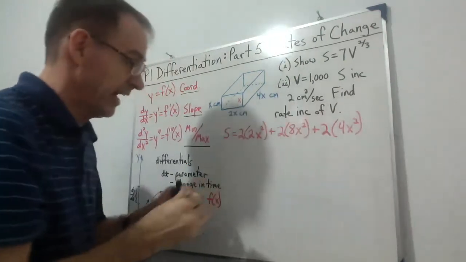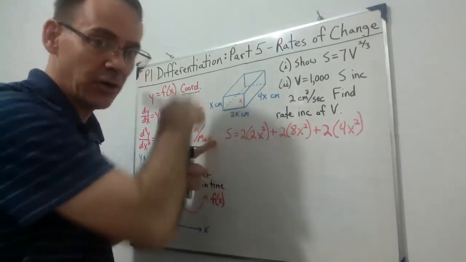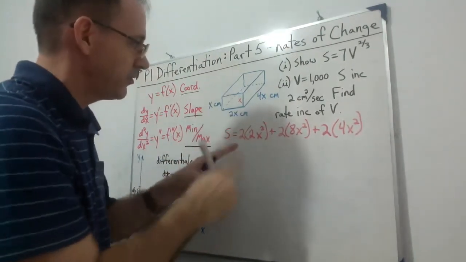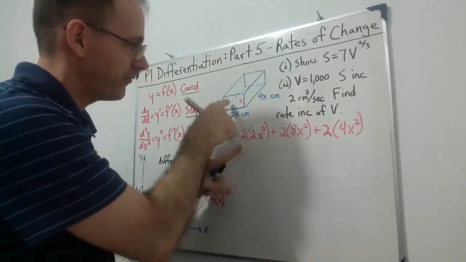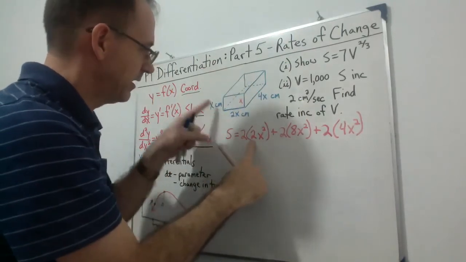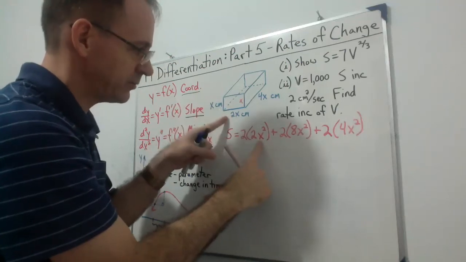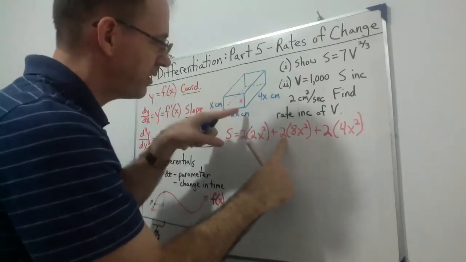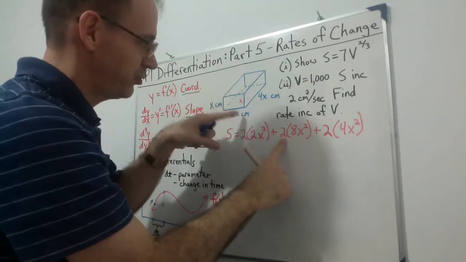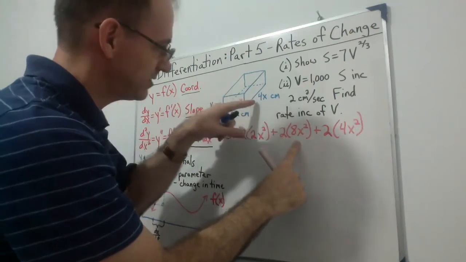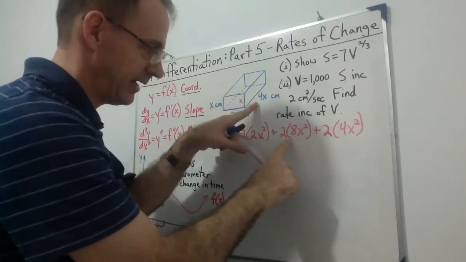So again, we have surface area, means all the area added up. So there's two, the front and the back, that's x times 2x, or 2x squared. There's the top and the bottom, so that's 2, that's 2x times 4x, or 8x squared.